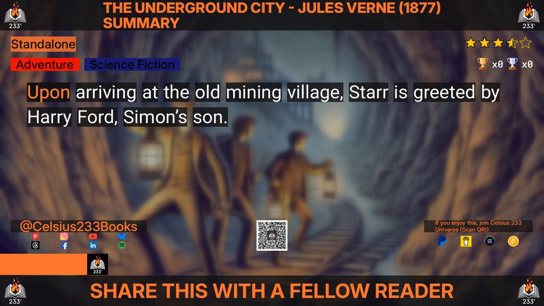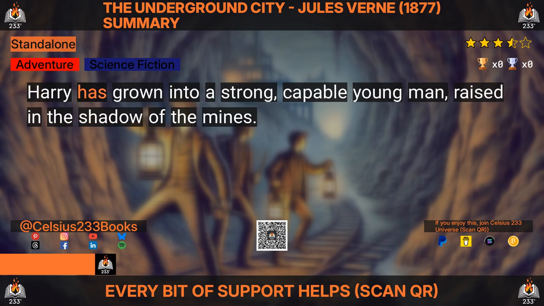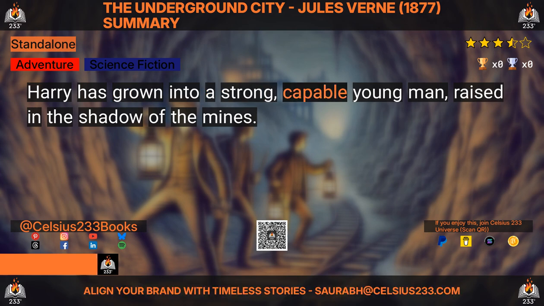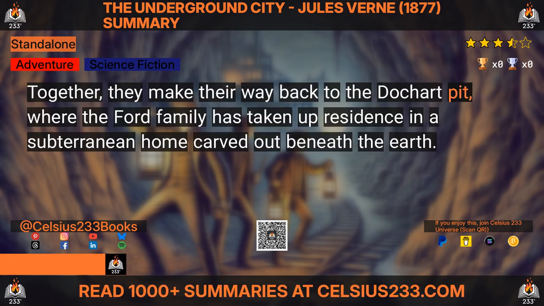Upon arriving at the old mining village, Starr is greeted by Harry Ford, Simon's son. Harry has grown into a strong, capable young man, raised in the shadow of the mines. Together, they make their way back to the Dochart pit, where the Ford family has taken up residence in a subterranean home carved out beneath the earth.